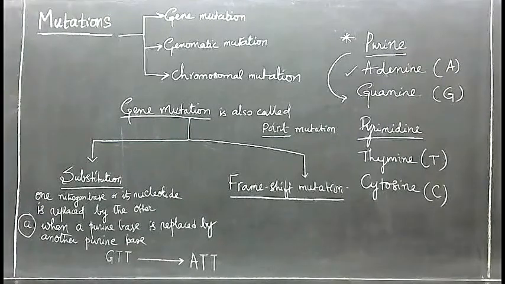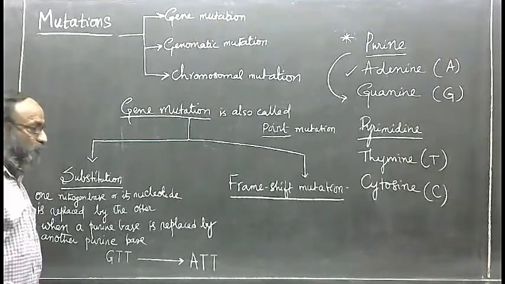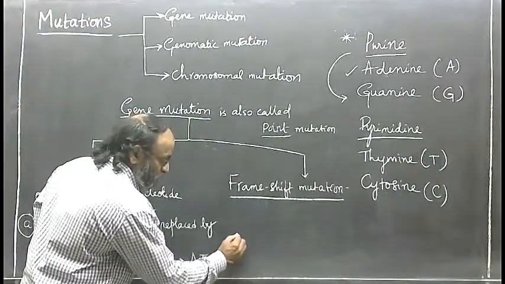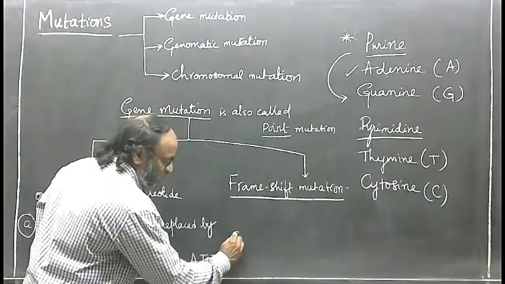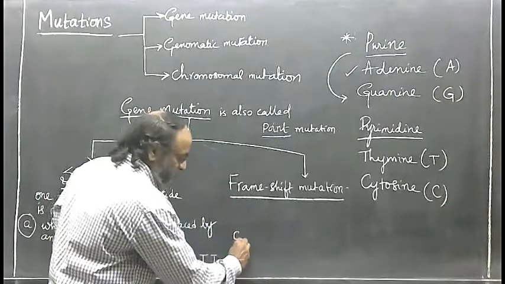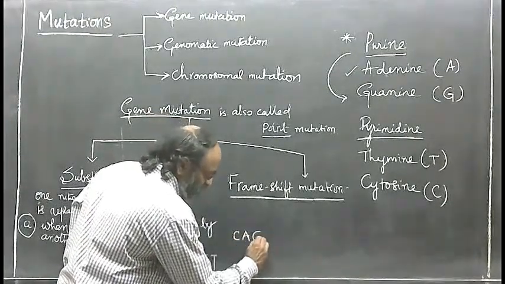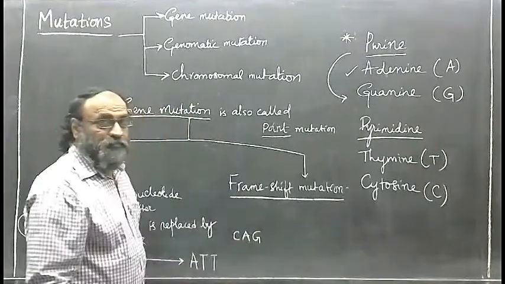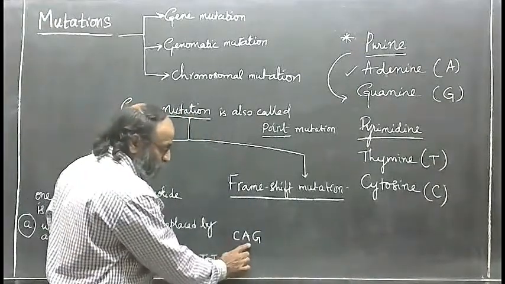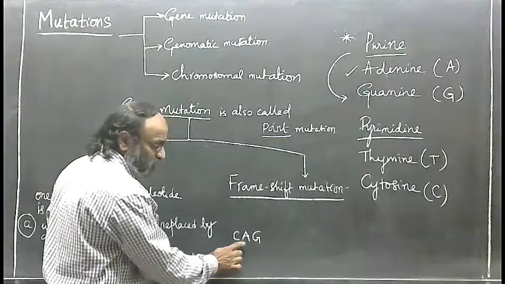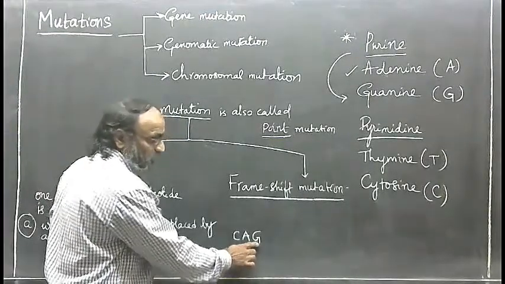Now we will examine one more example. This is a codon CAG, with three nitrogen bases: cytosine, adenine, guanine.